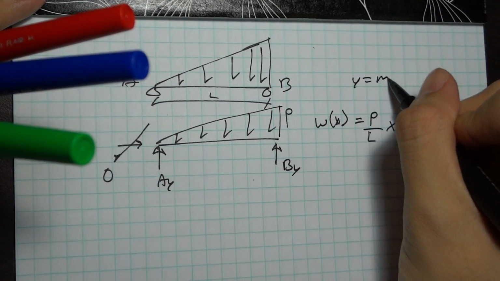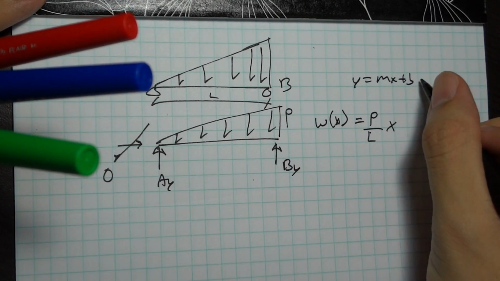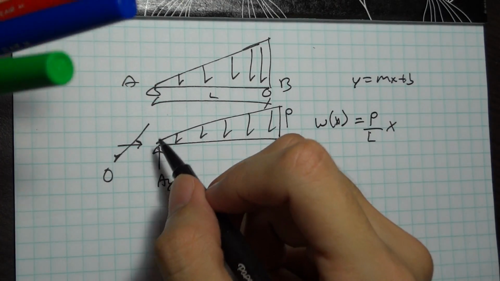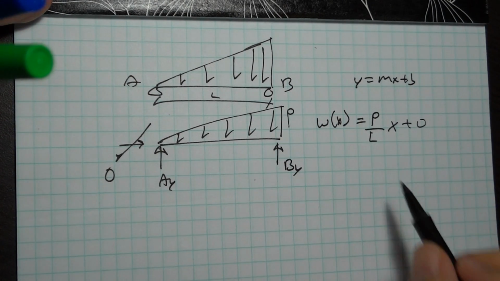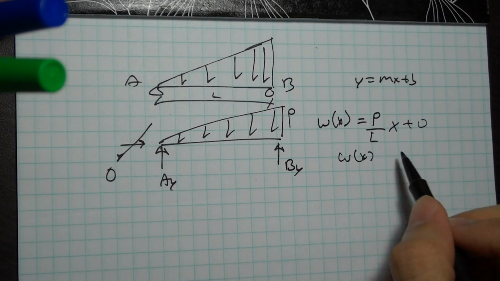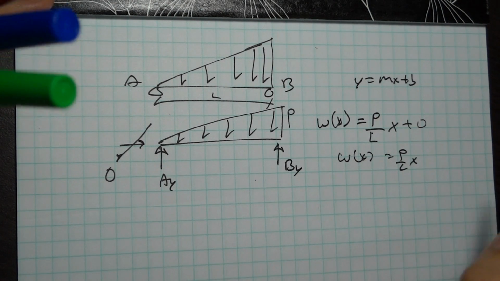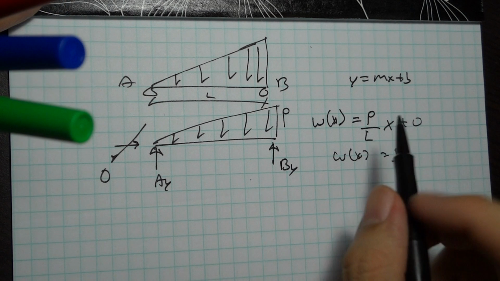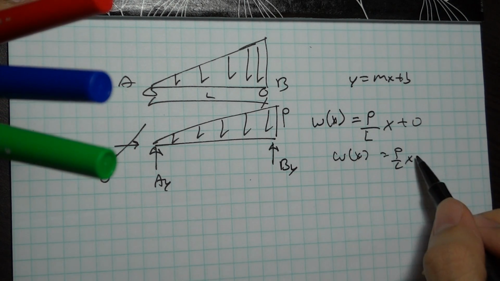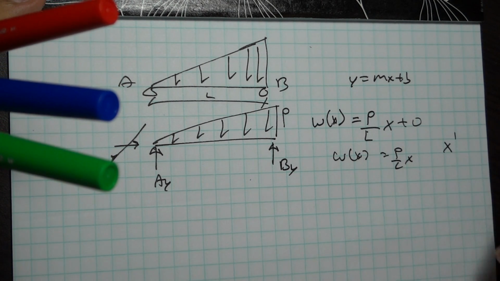Y equals mx plus b. My b is my y-intercept. My y-intercept here, my intercept is 0. So this is 0. So my w of x equals P over L times x. And I think that you'll see here that my x, this is x to the power of 1.